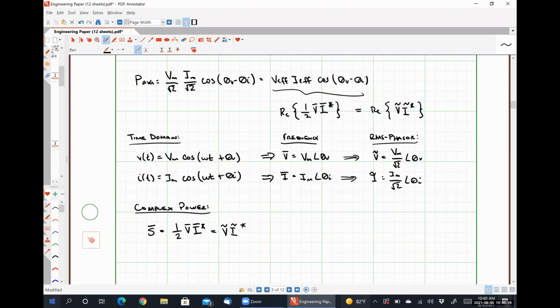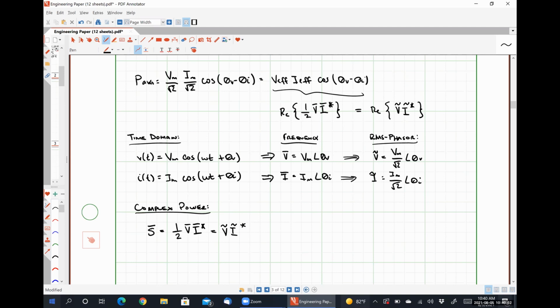So before we go into the different parts of complex power, I'd like to talk about the units, because this is something that can potentially be confusing. Complex power is defined as the product of a phasor voltage and a phasor current. So what do you think the units should be? Would it be watts? That is a perfectly reasonable assumption based on everything that you've learned to this point.